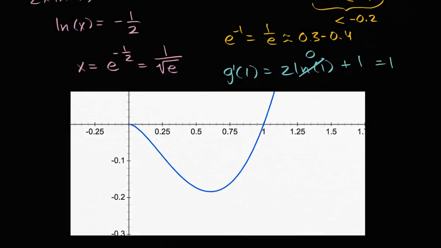This point right over here is 1 over the square root of e. It's not obvious from looking at it that it's that point, x equals 1 over the square root of e. But we can see that it is indeed an absolute minimum point here, and there is no absolute maximum point. There are arbitrarily high values that our function can take on.